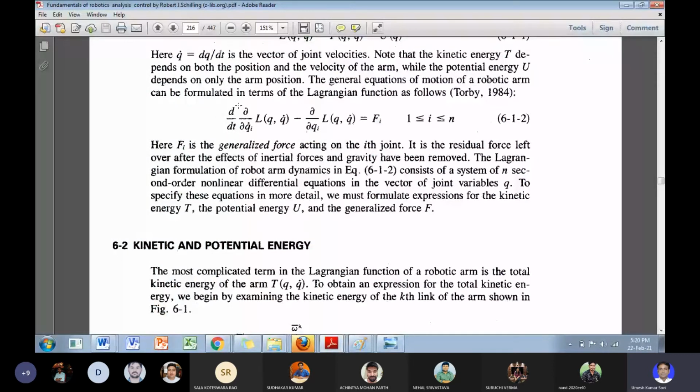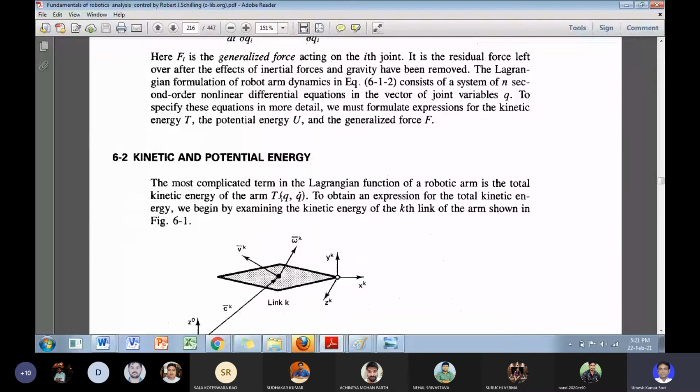So this will have n equations f1, f2, f3, f4 up to fn. Some may be angular force, some may be linear force, because for i equal to 1, suppose this is theta 1, so this is angular, so this will represent the angular force, that is torque, and suppose that the next variable is d2, so the force will be a linear force. So now we study the kinetic and potential energy.